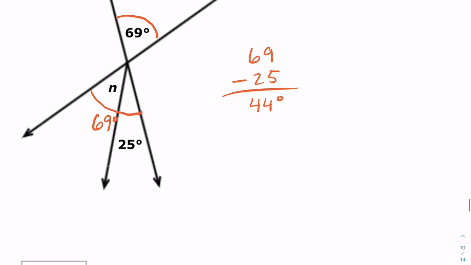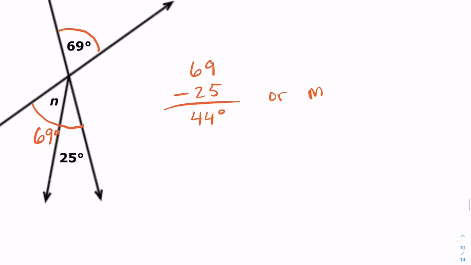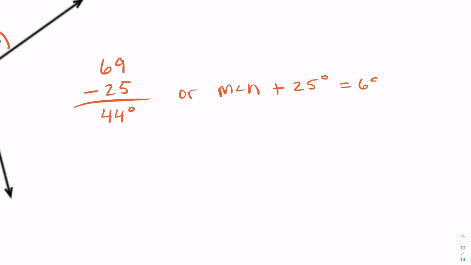Now there's other ways I could have done this. I could have said the measure of angle n plus 25 degrees equals 69 degrees.